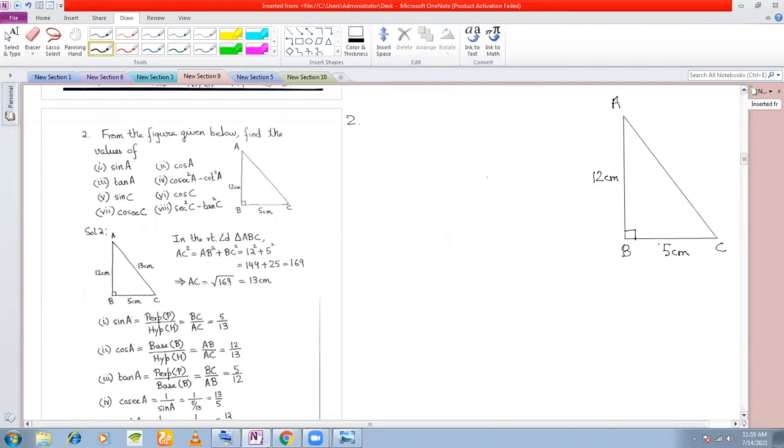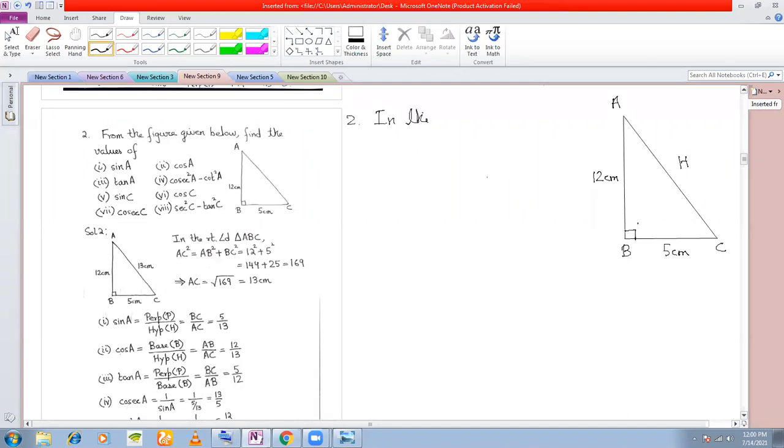Okay. And no theta is given. But what you see here is sine of A is given, right? You have to find out sine of A, cos of A, tan of A, and then sine of C. So our perpendicular will vary according to the question. Okay. But first, since this is a right angle triangle, obviously this will be our hypotenuse. This we know definitely. So we'll find out the length of the hypotenuse first.